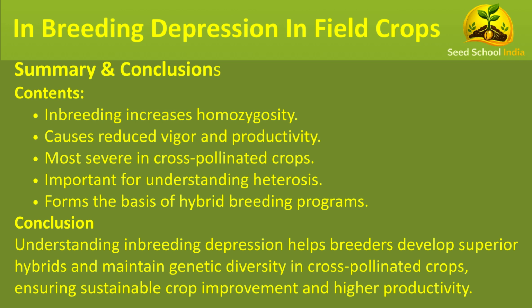Although inbreeding reduces performance, it also provides the foundation for developing pure inbred lines used in hybrid breeding. By crossing these lines, breeders restore heterozygosity and exploit heterosis to produce high yielding, resilient hybrids. Understanding the genetic principles of inbreeding depression is therefore essential for successful crop improvement and sustainable agricultural production.